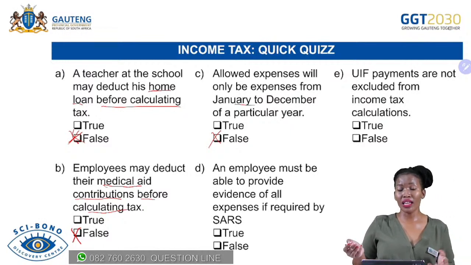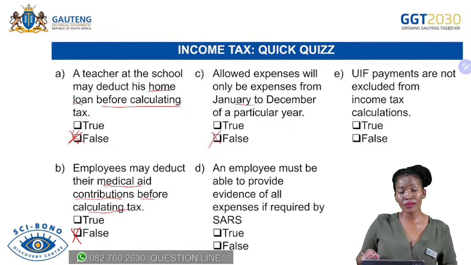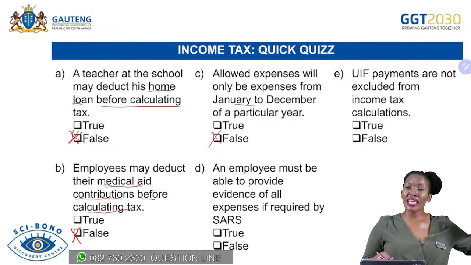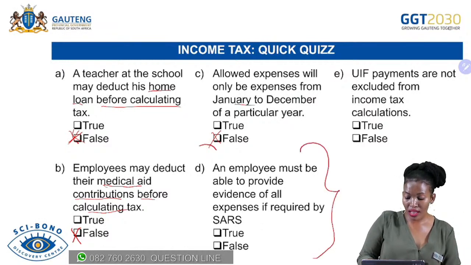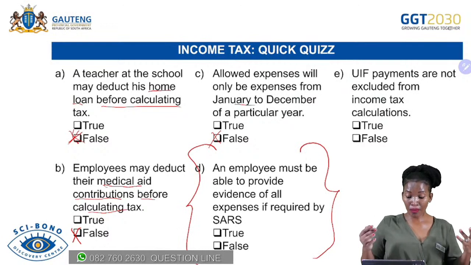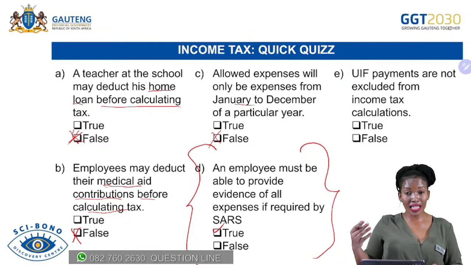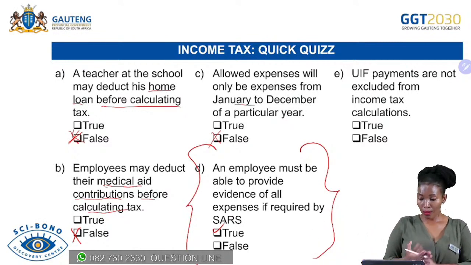And sometimes again, with your medical aid, if you're contributing towards medical aid, you might be required to bring in your medical aid certificates and all that. But again, guys, you don't have to stress about all this information. This is just for general knowledge. So this is actually true. When SARS wants proof from you, you should be able to provide them with that particular proof.